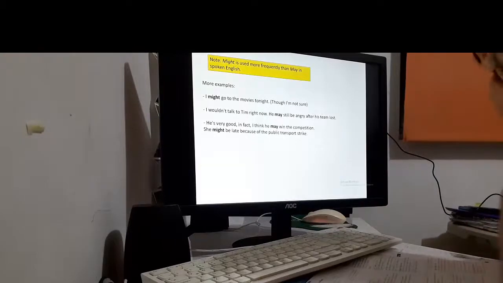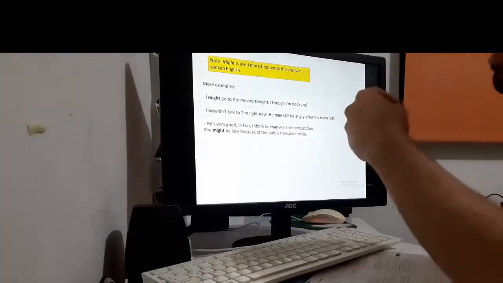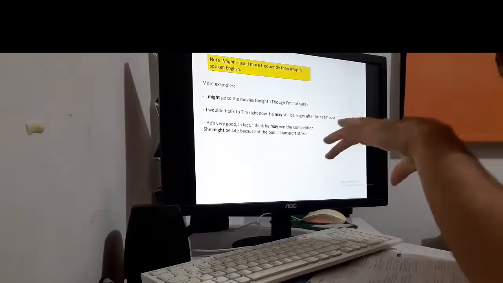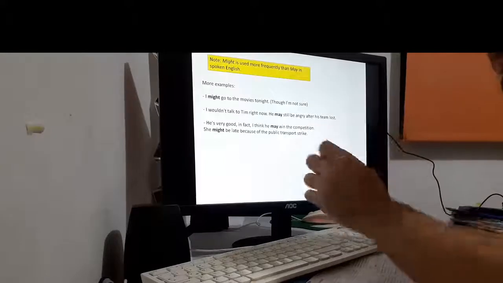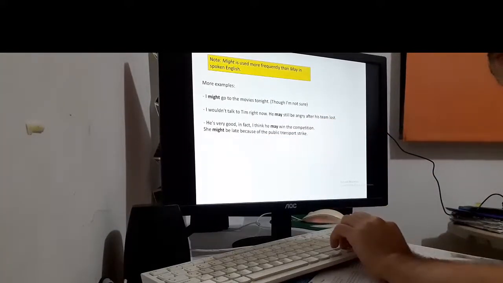Might is used more frequently when you are speaking, and may is used more when you are writing, but you can use both. You are not going to make a mistake because they are both correct.